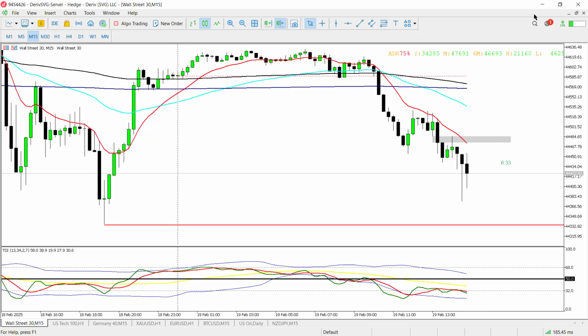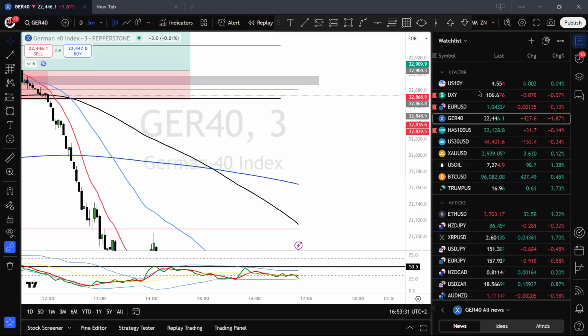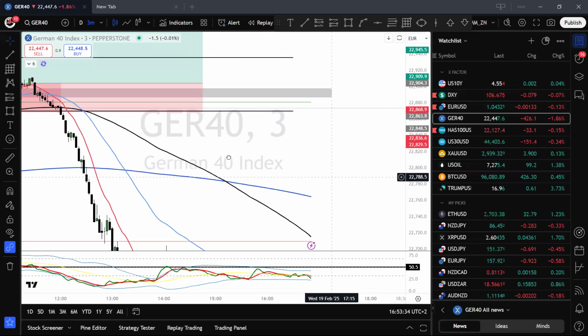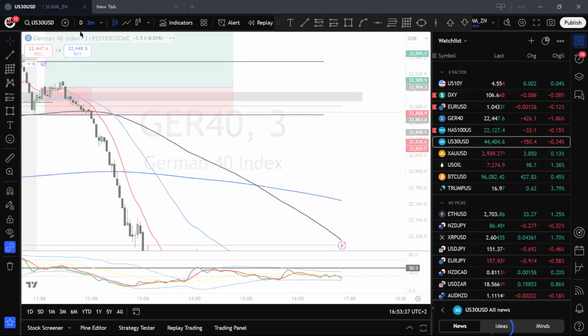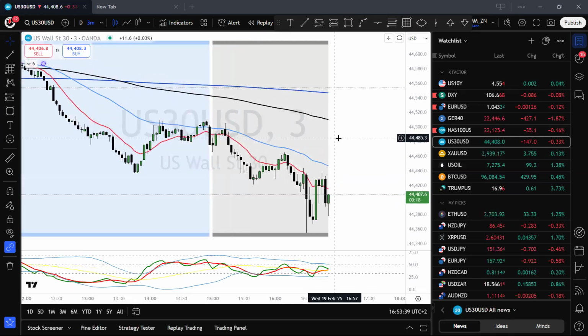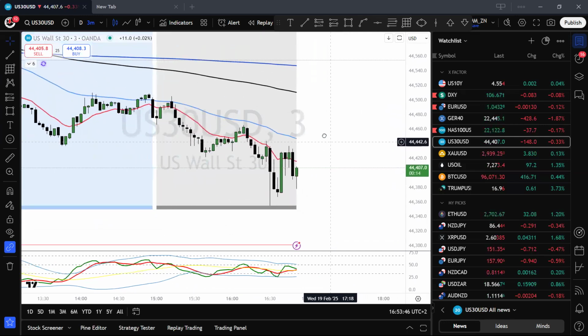Whilst we're here, I usually go to TradingView. This was actually the loss from the morning, but we'll look into it a bit later. On TradingView, it helps me view my sessions and my session direction.